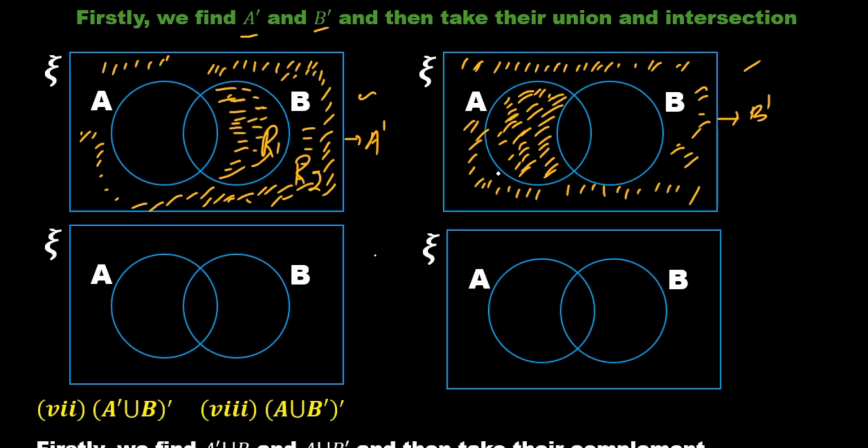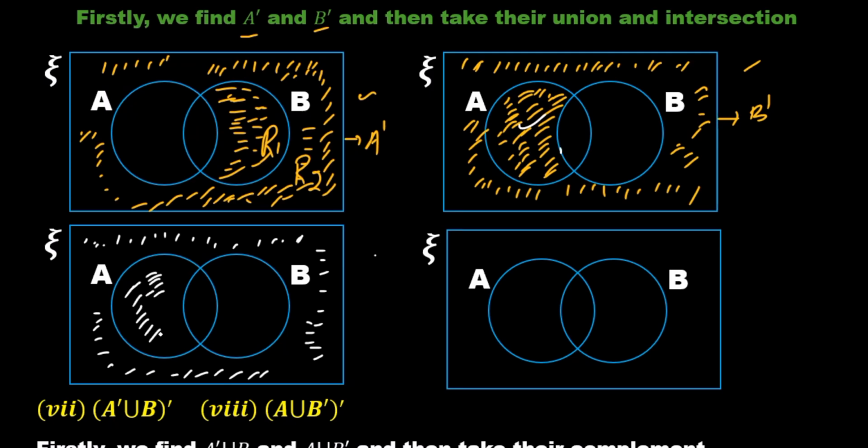Firstly, the common part in both figures of A complement and B complement is this area, that is outside both of the circles or inside the rectangle. So this is the common area. Next, as this figure consists of this portion of A, in case of union we will also take this, and this figure consists of some portion of B, so in case of union we will also take this portion. So this represents A complement union B complement.